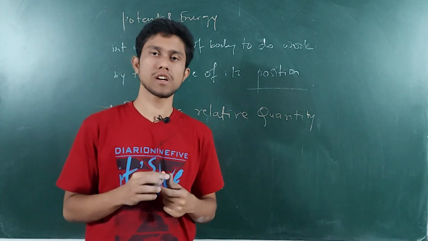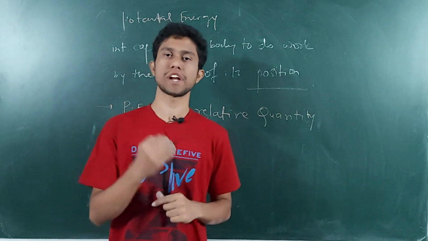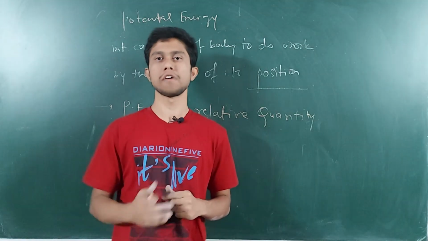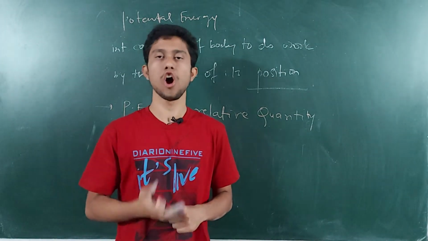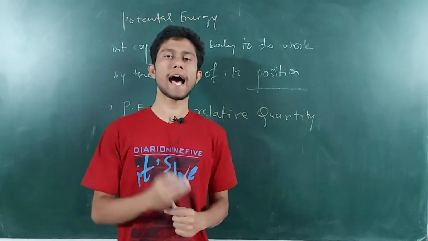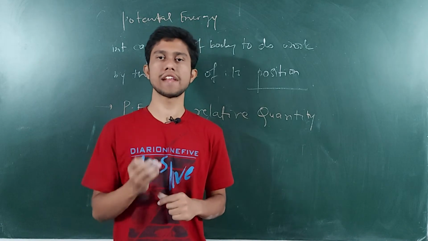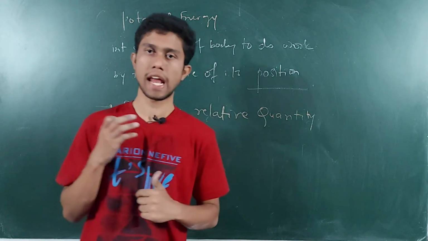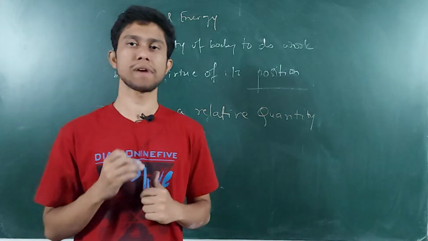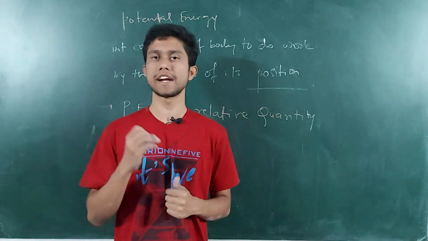If I don't measure a potential energy with respect to some frame, or with respect to ground, or any surface, or any body, it has to be with respect to some other thing. Otherwise the potential energy is invalid. So whenever you are asked potential energy, it has to be with respect to some other thing because potential energy is a relative quantity.